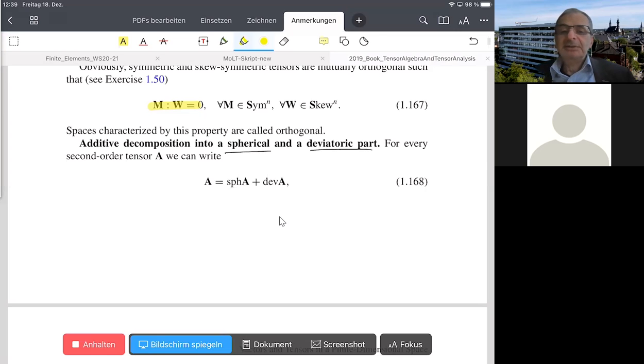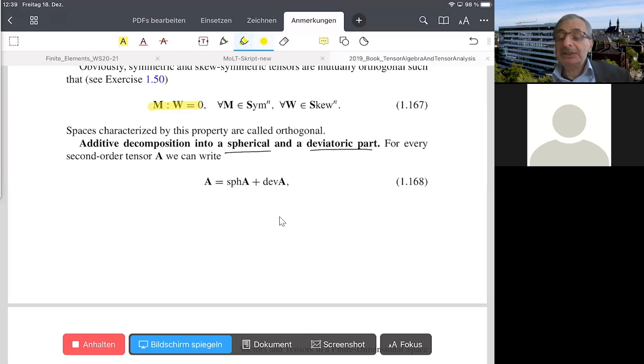The spherical part usually causes volume change, especially for isotropic materials, and the deviatoric part does not change volume, but it changes mostly the form of the material.